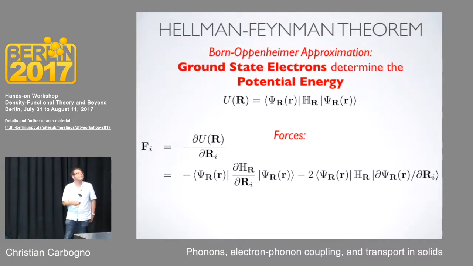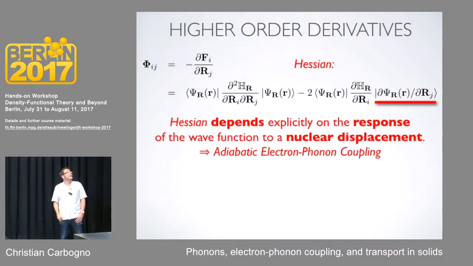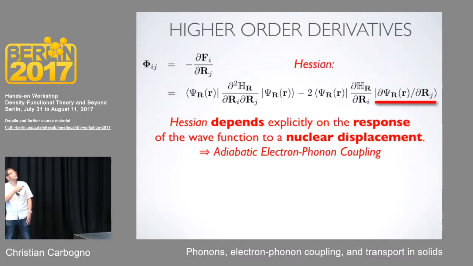Now it's a trivial exercise to show that this second term vanishes in a Born-Oppenheimer approximation because we have a ground state electron density. So for calculating the forces, the only thing that we need is the ground state wave function or ground state density, but not its change under a nuclear displacement. So this is what you get already from a ground state calculation. If you go to a Hessian, however, what happens is that you get two terms.